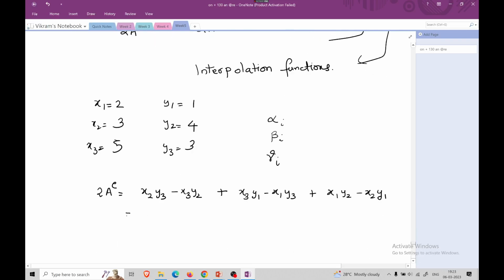So this will be equal to: x2 is 3 times y3, 3, minus x3 y2, 5 times 4, plus x3 y1, 5 into 1, minus x1, 2 into y3, 3, plus x1 y2, 2 into 4, minus x2 y1, 3 into 1.